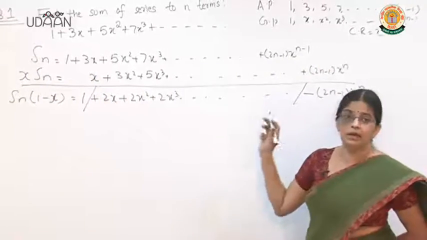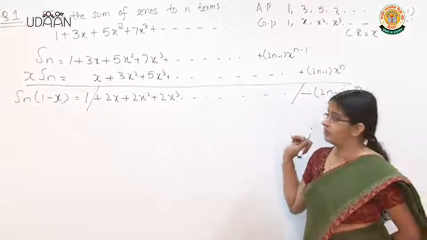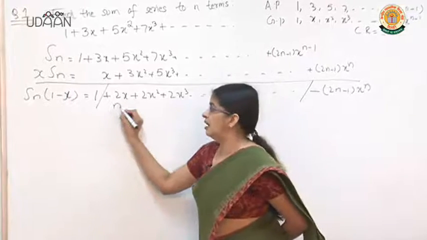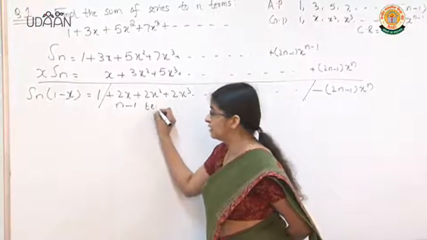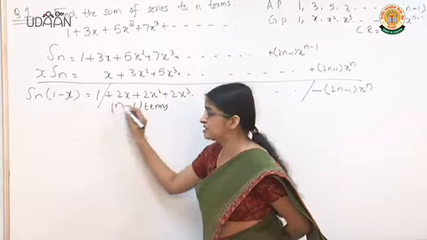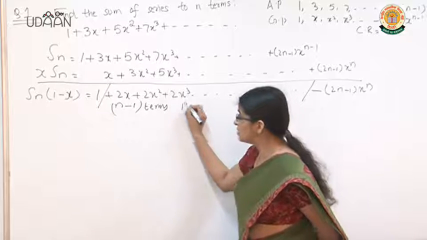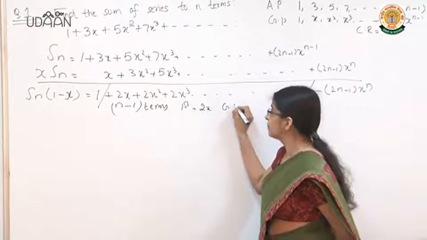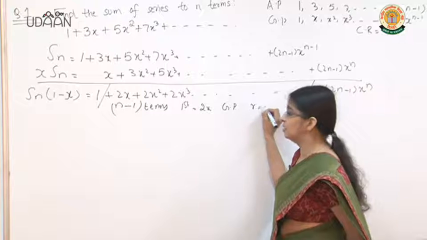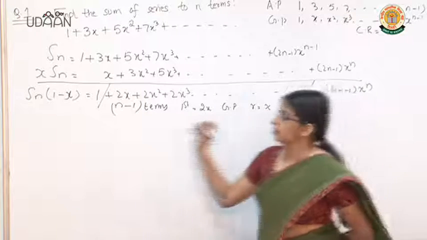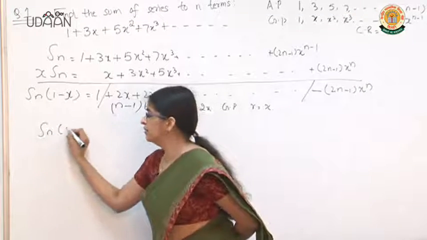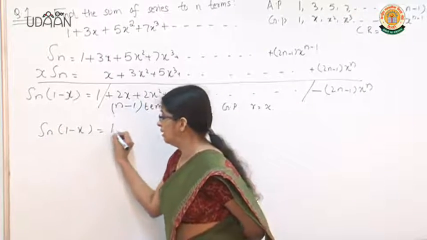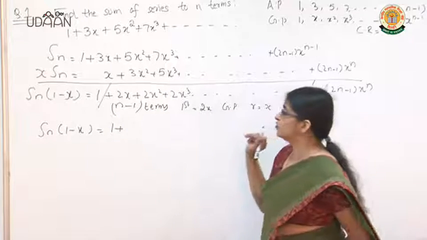Generally, they will not be a part of this progression. We have a series of n minus 1 terms here, leaving the first and last, whose first term is 2x, with common ratio equal to x. So, Sn into 1 minus x equal to 1 plus the sum to n terms of the GP.